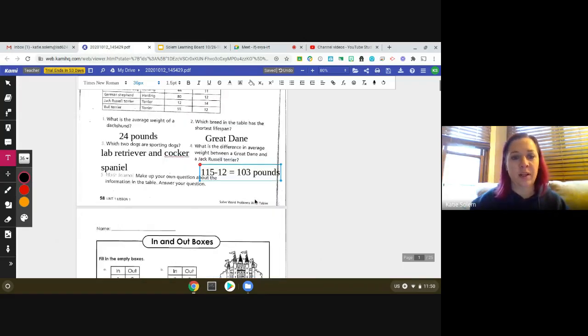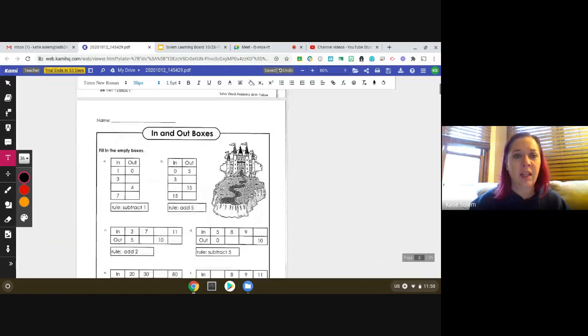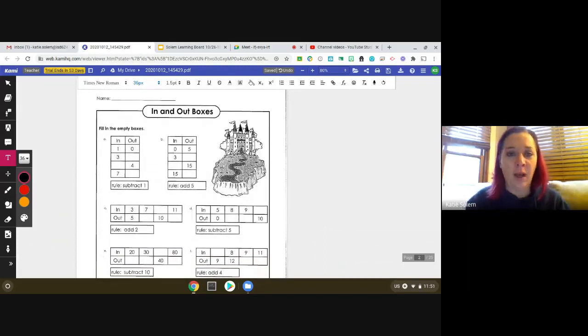The other thing I wanted to talk to you about today is something called in and out boxes, or function tables. In and out boxes are used to show patterns in math. They have a rule that has to be done. A number goes into the box, the rule happens to it, and a new number comes out. For example, in this first one, the rule is subtract 1.